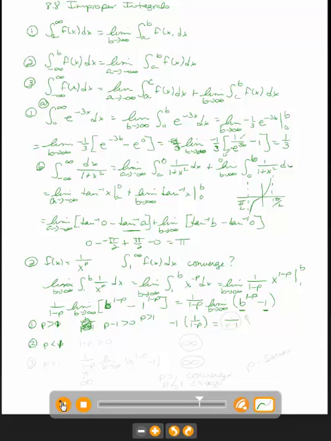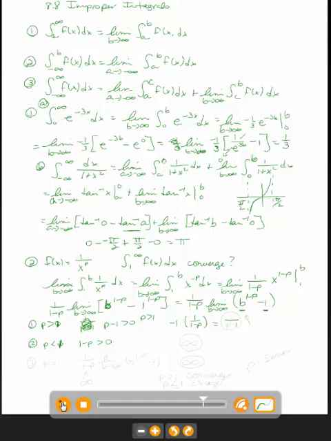If p is less than 0, greater than 1, not less than 0. Let me fix all these. I'm making a big mistake here. Ones. We got to break it at 1 because that's where the issue's happening. If p is less than 1, then I could say that 1 minus p would be greater than 0.